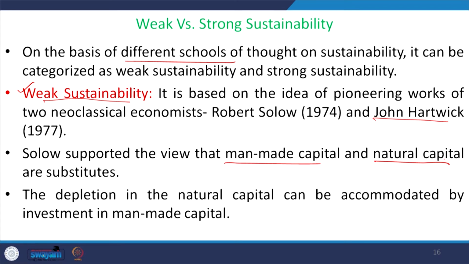So, in this context, if we are believing in weak sustainability, that means there exist substitutes for the natural capital, and man-made capital and natural capital are substitutes of each other, then we can say that the depletion in the natural capital, like natural resources, can be easily accommodated by investment in the man-made capital.